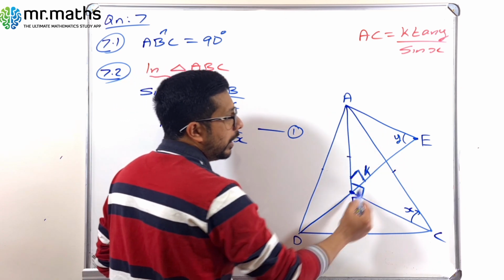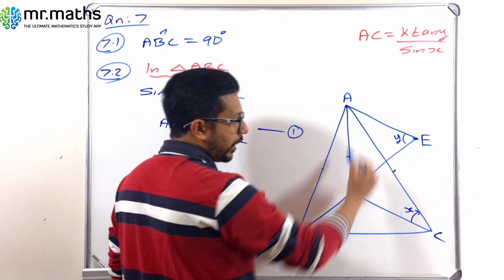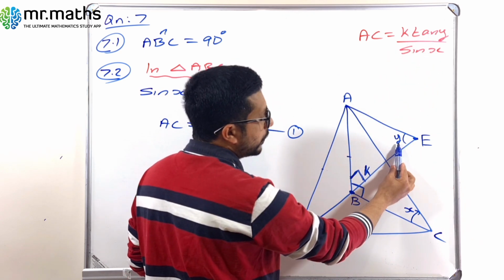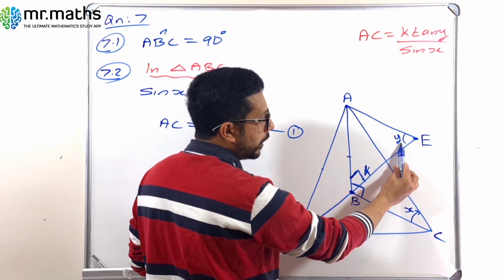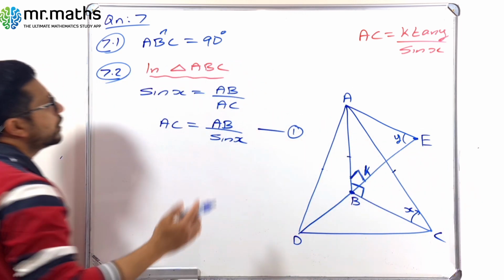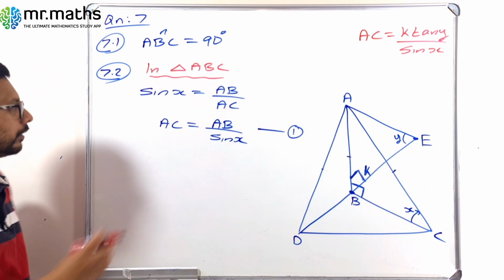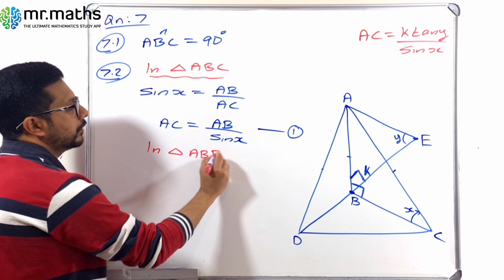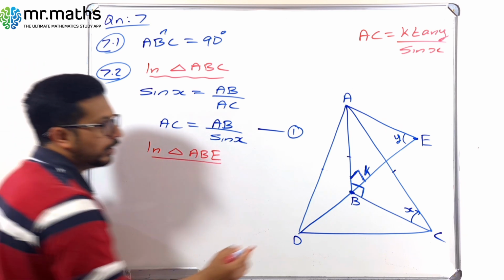So here in triangle ABE, we want tan also, so tan Y. So based on this angle, what is tan in this triangle ABE? Identify that triangle ABE.